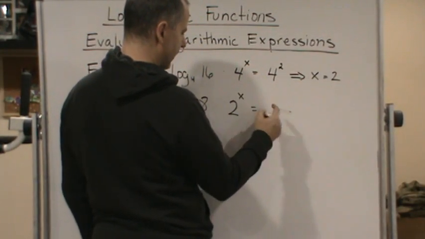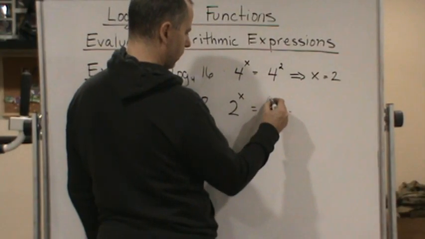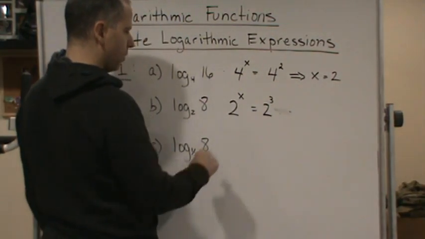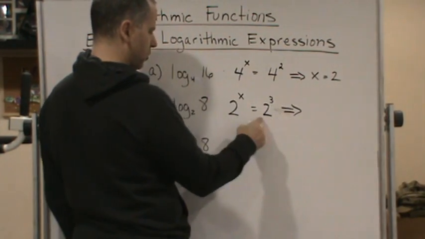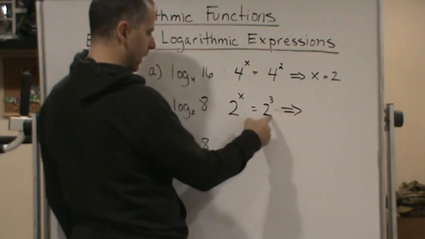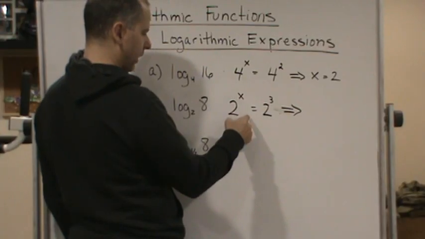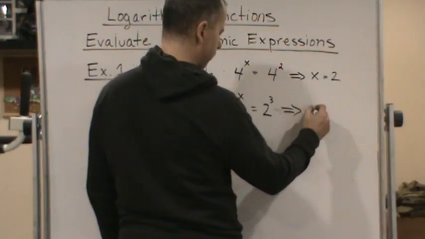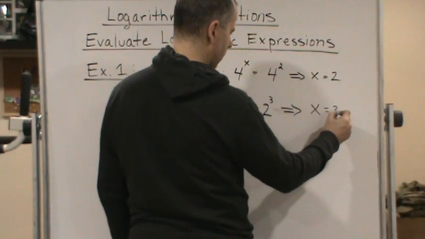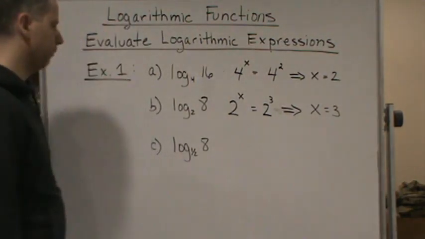So 8 is the same as 2 to what power? 3. Again, with the equivalence property, if these are exponential expressions with the same base, then it must be true that the exponents are equal.